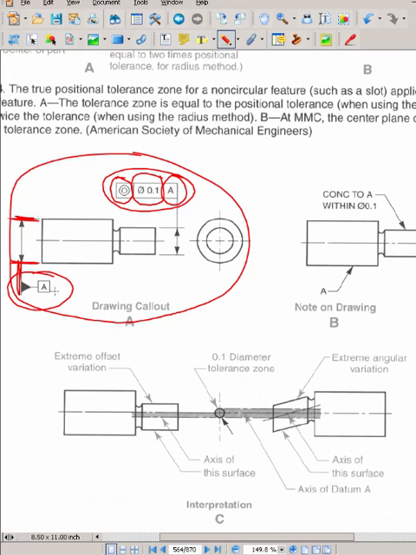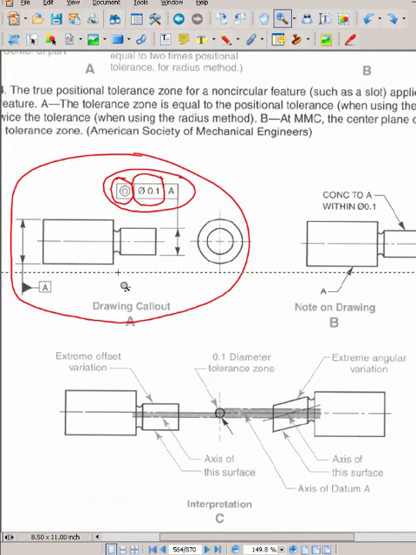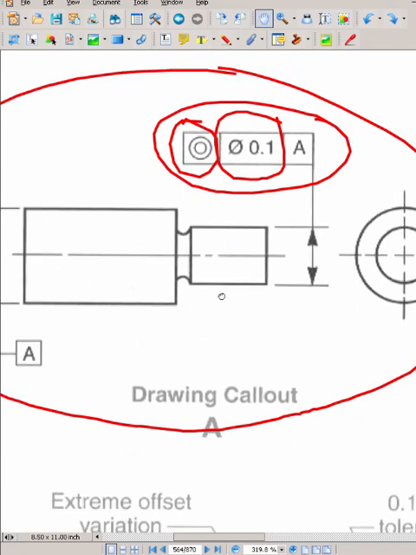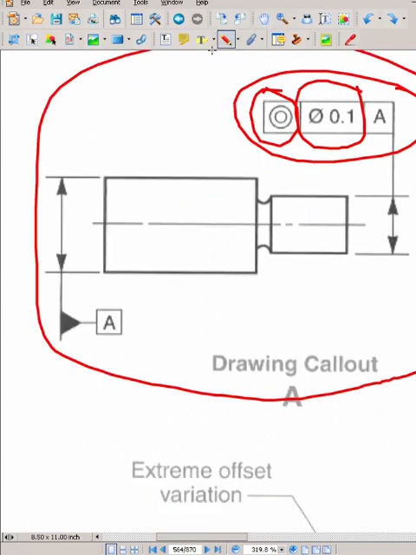Now, let me undo a little bit of that so we can see a little clearer. I'll zoom in on it some more here. The fact that this datum feature attaches to this line, see how the triangle attaches to it right there?